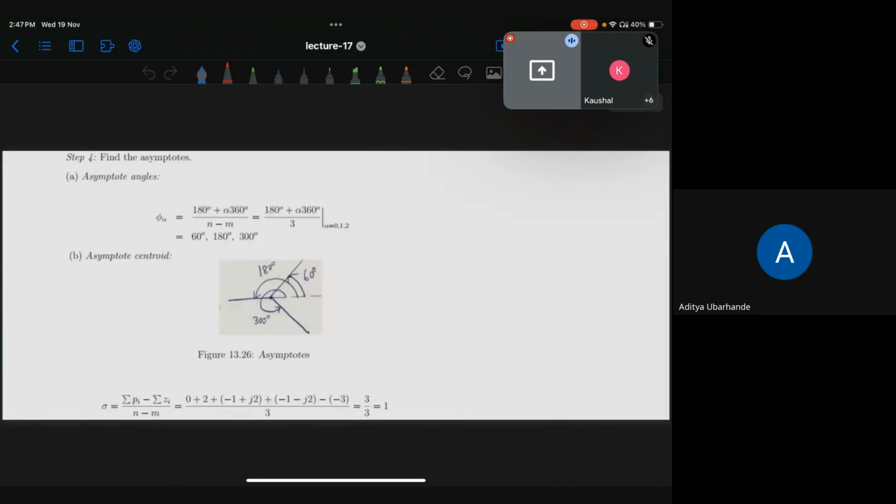Next, step 3, we find the asymptote angles and centroid.